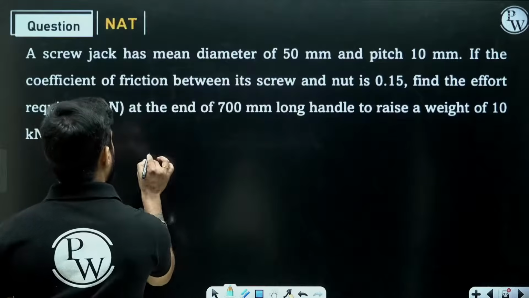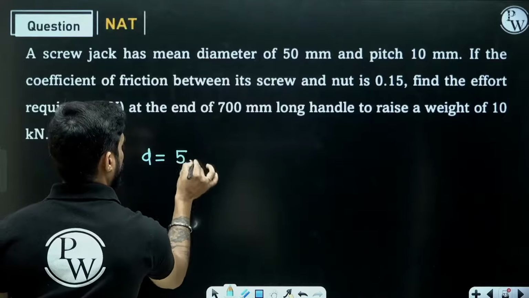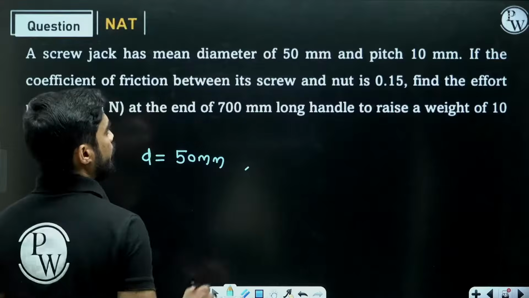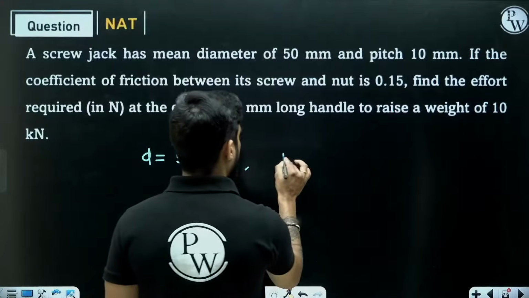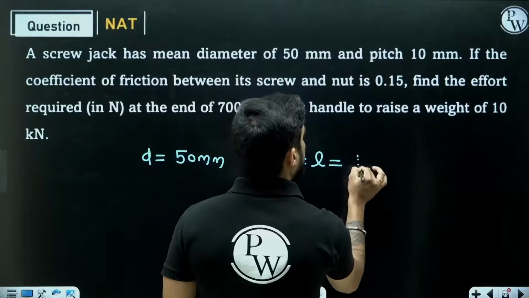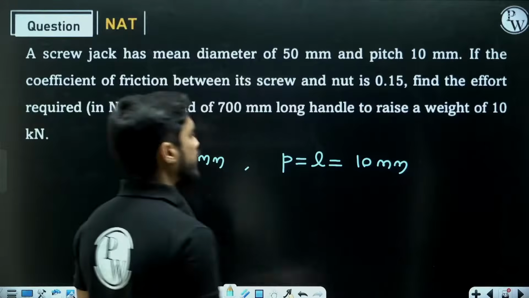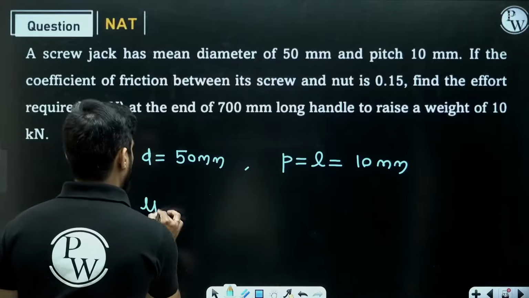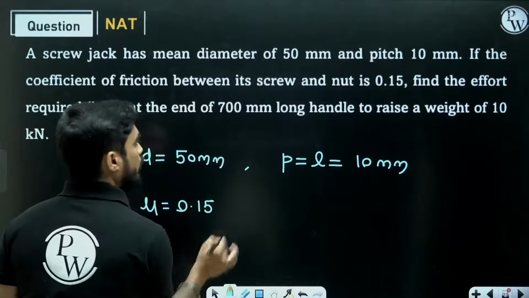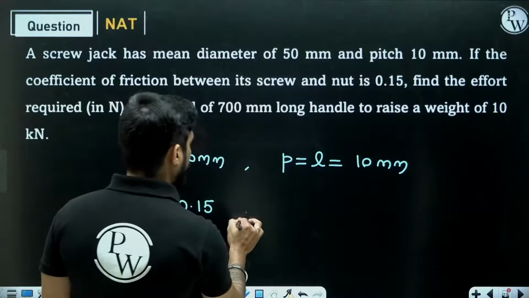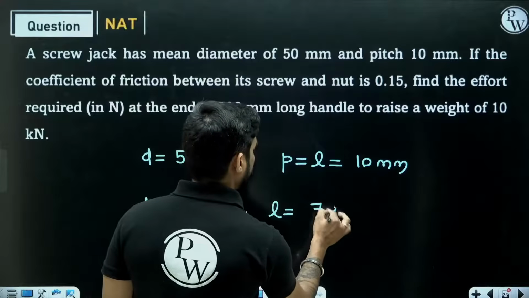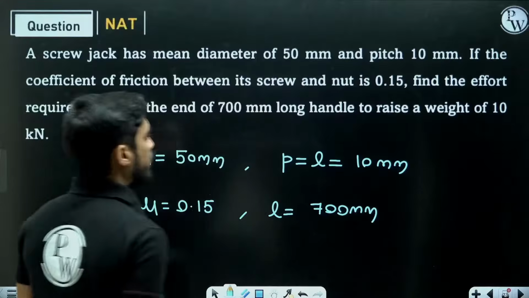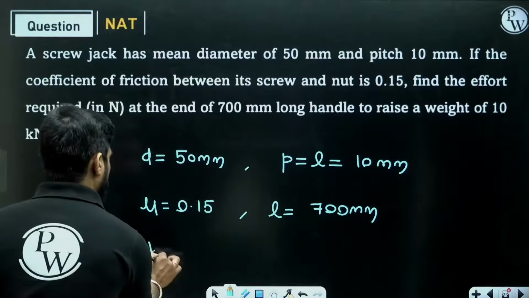We have the mean diameter 50 mm, we have the pitch, which will be considered as lead because nothing is mentioned, na? Coefficient of friction mu is 0.15 and the length of the lever is 700 mm and W is 10 kilonewton.